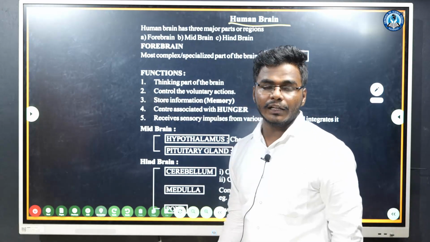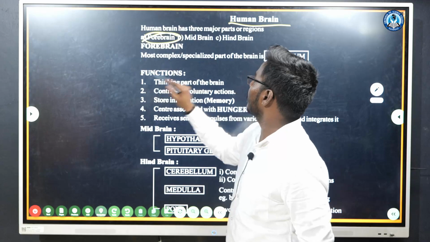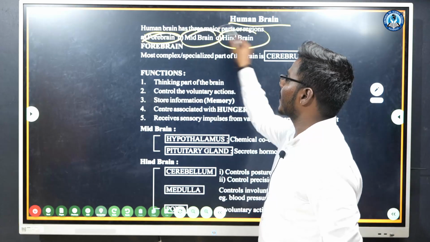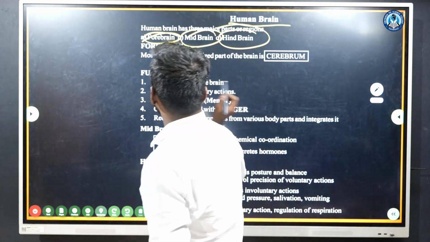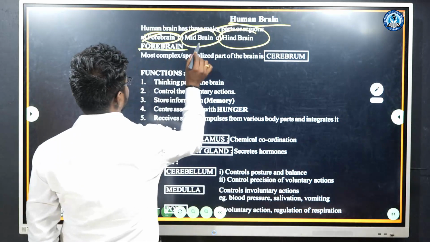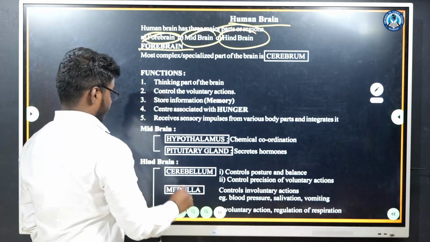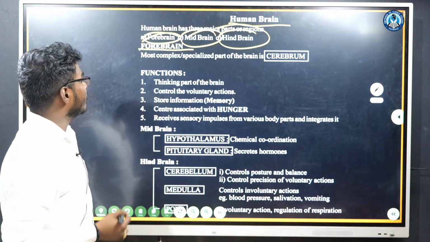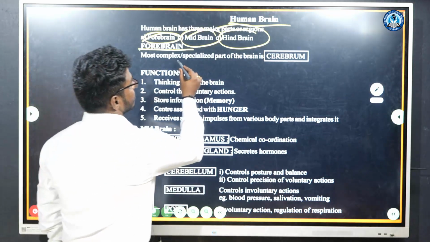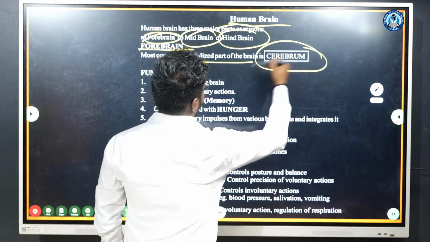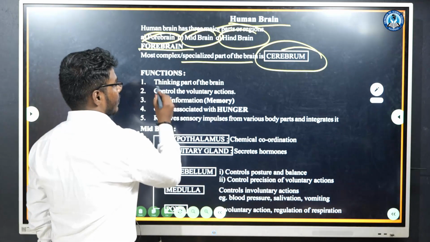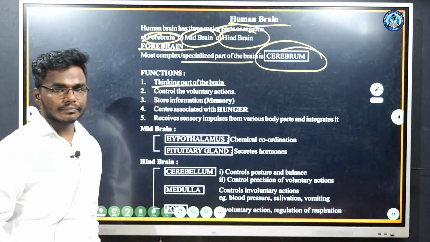The human brain has mainly three parts: forebrain, midbrain, and hindbrain. Now, the first is the forebrain. It is one of the most complex and specialized parts of the brain, that is the cerebrum. Functions: thinking part of the brain.